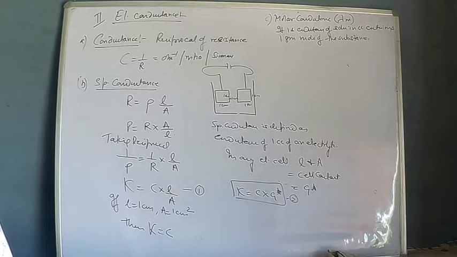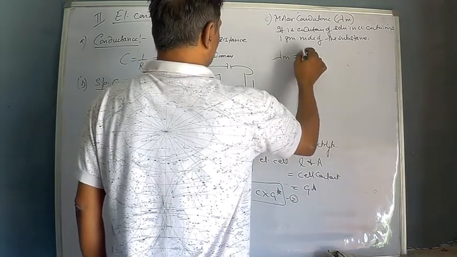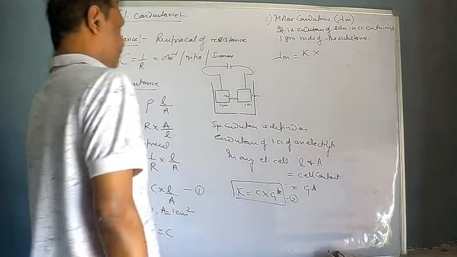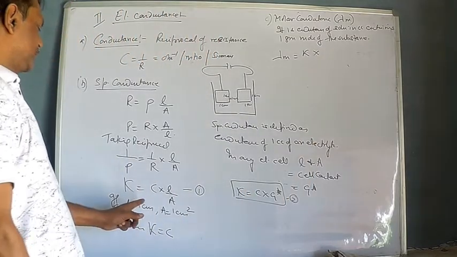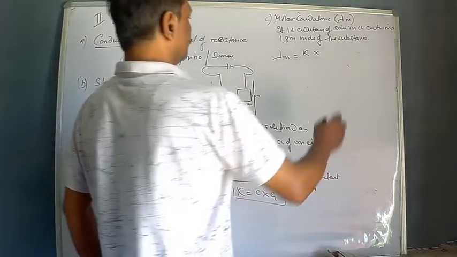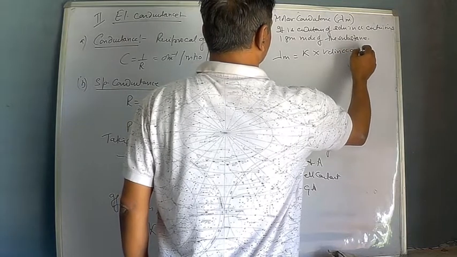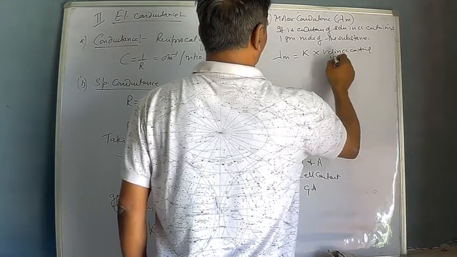So class, we can write here lambda m equals kappa. Class, remember what is kappa? Kappa is the conductance of 1 cc of electrolyte multiplied by volume in cc containing 1 gram mole.